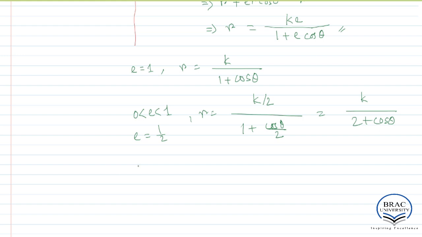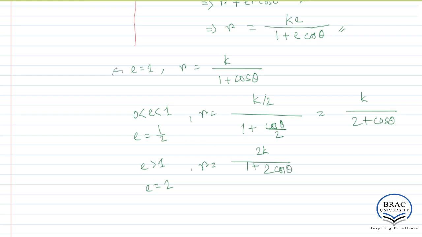Now for a hyperbola we know that our eccentricity will be greater than 1. So we can take any value greater than 1 and reach the equation of the hyperbola for this eccentricity value. We can take E equals 2 for now, which gives the equation r equals 2K divided by 1 plus 2 into cosine of theta.